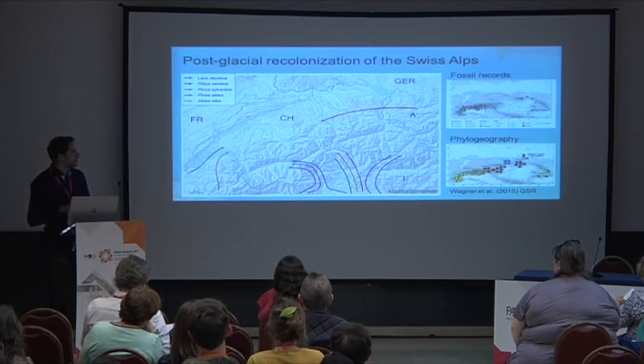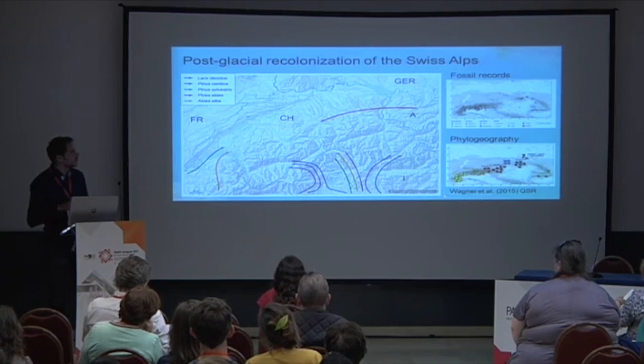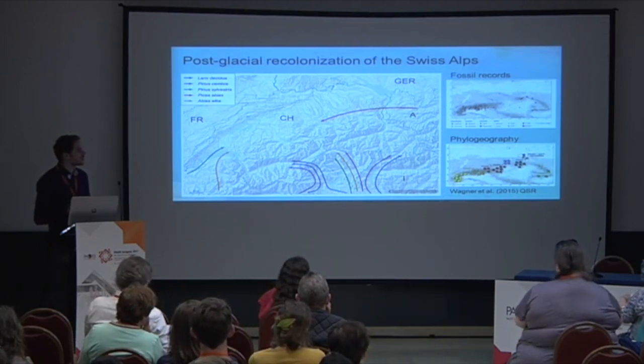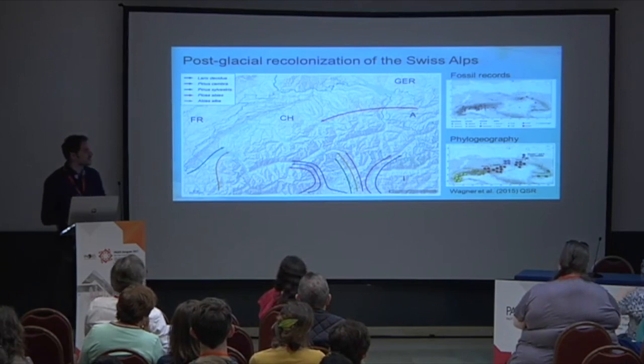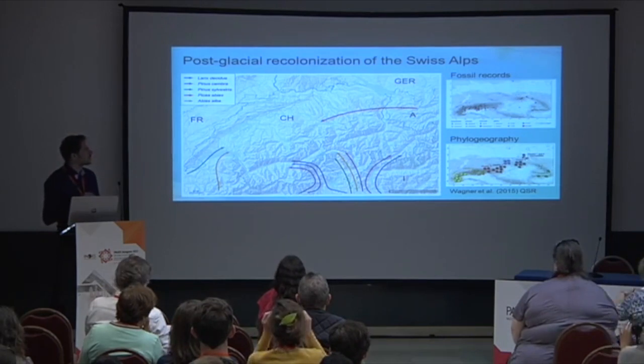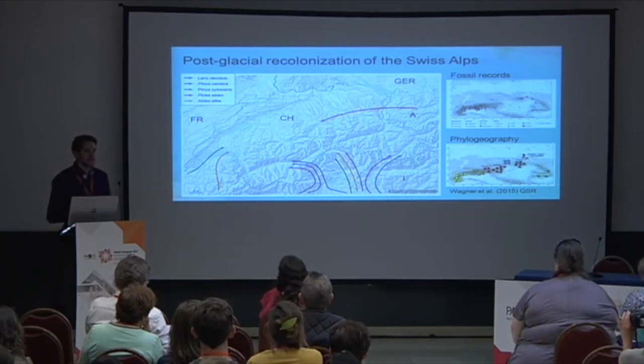We know all that, again, from fossil records and also from phylogeography. This, for example, is the example of larch. A study by Wagner et al. a couple of years ago showed that there are probably six different refugial populations based on present-day genetic variation. And combined with the fossil records, we can make such arrows there that represent possible expansion pathways into the Alps.